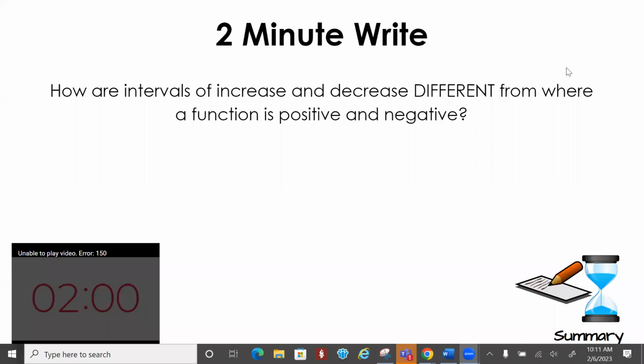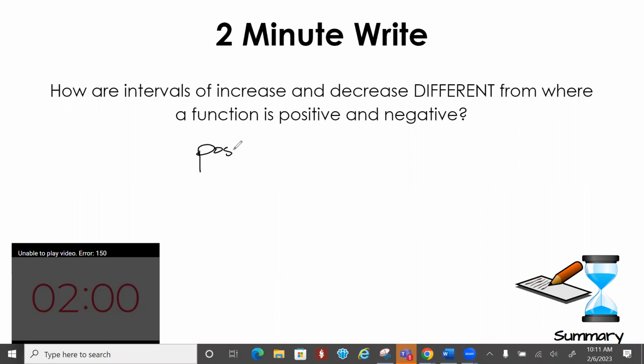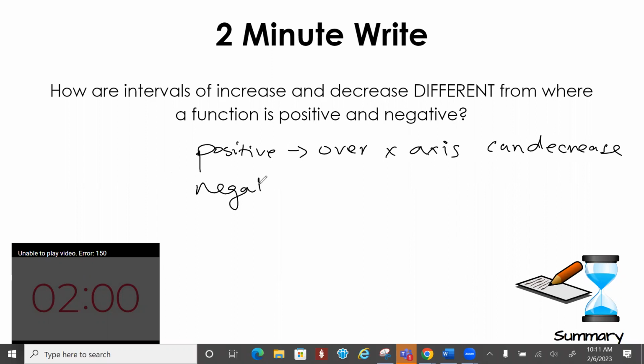All right, give me a 2-second summation of what you wrote. Positive over the x-axis, negative under the x-axis. And increasing is different. Do you agree with that?